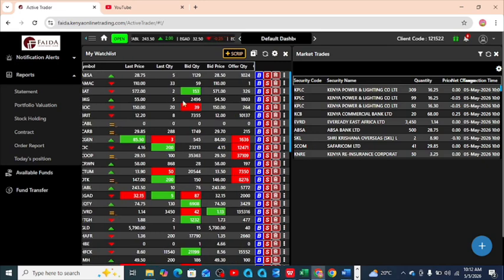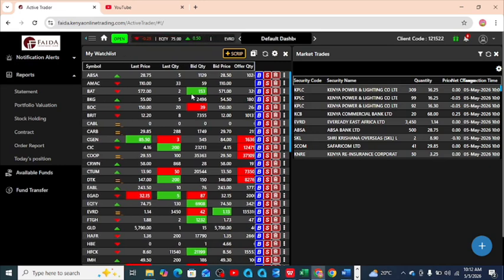Also, when it comes to the bid quantity, you can see here we have a bid quantity of 153 for BAT, and it is represented in green, showing that though it is a loser in the market, the number of buyers is technically exceeding the number of sellers who are willing to sell BAT shares.